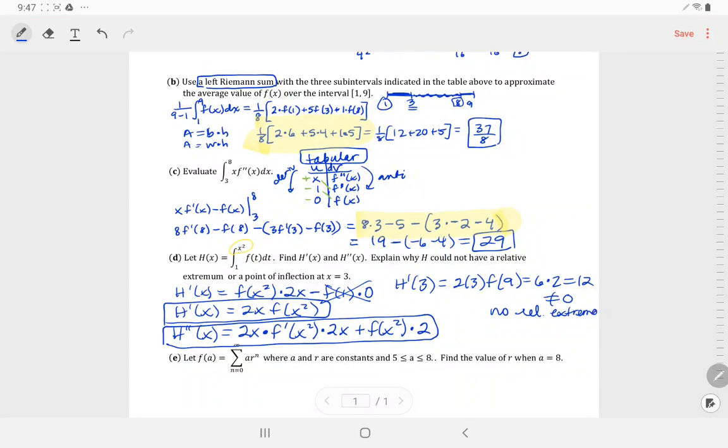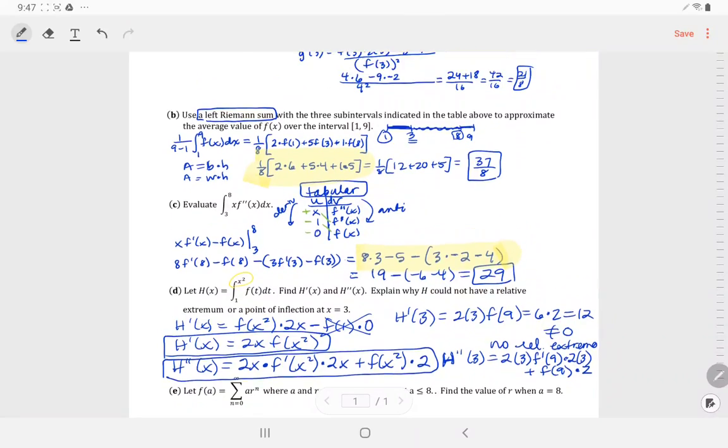Okay. Now, it could also be undefined, but it's not undefined. And then h double prime. So this would be 2 times 3 f prime of 9 times 2 times 3 plus f of 9 times 2. Okay, so what's f prime and what's f of 9?